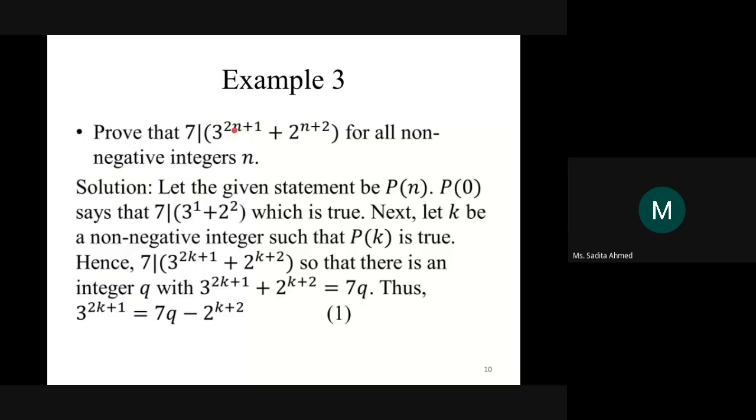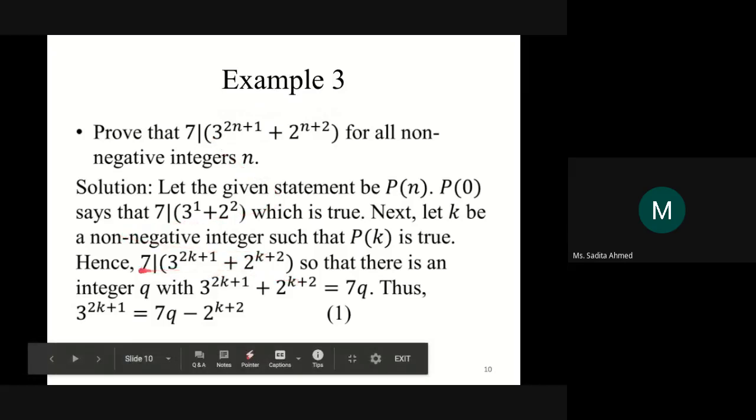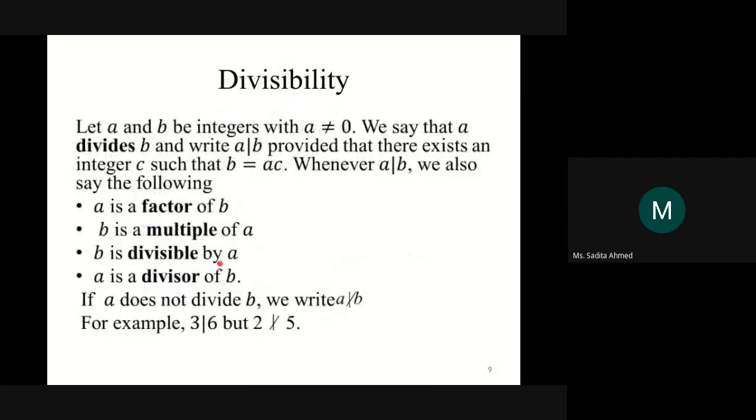Okay. And then the term you get, you have to prove that that term is divisible by 7 based on this assumption. Now, based on the assumption, we can also say that since 7 divides this term, suppose some term a, which will never be equal to 0, divides b. What does it mean?